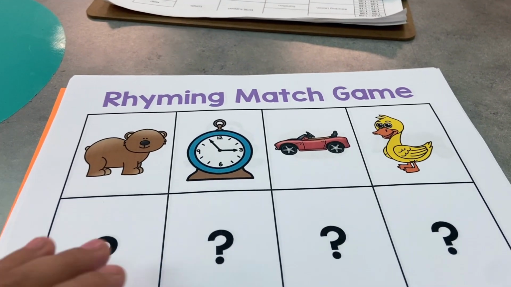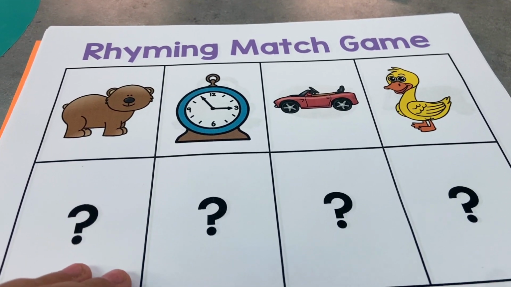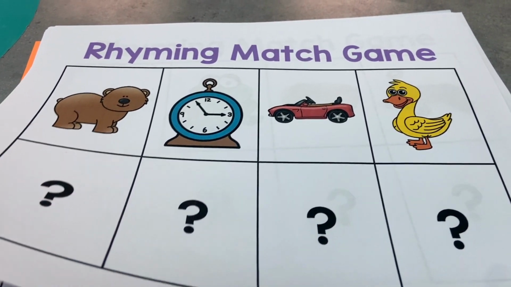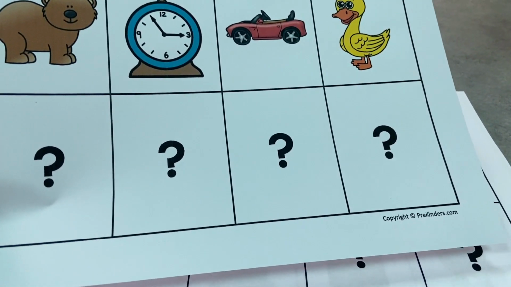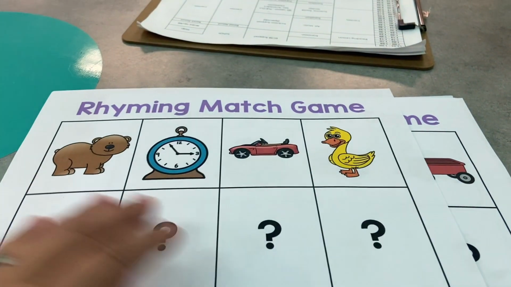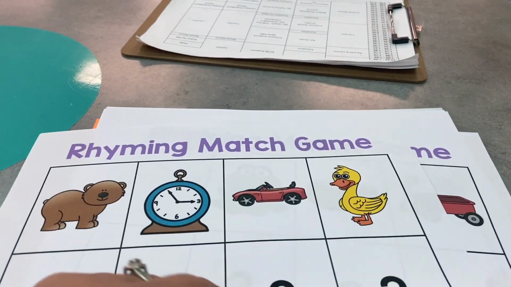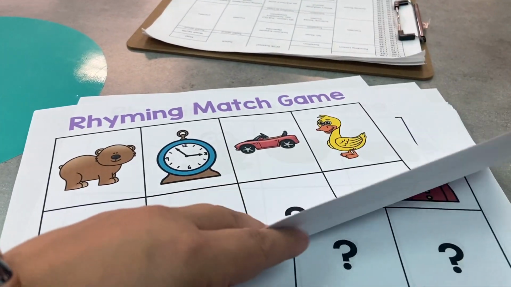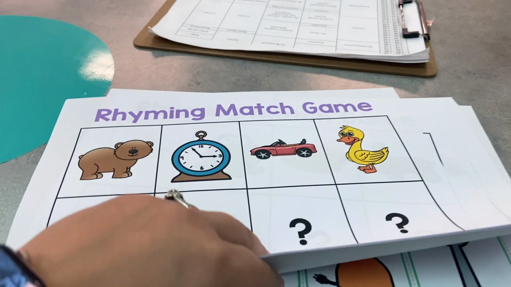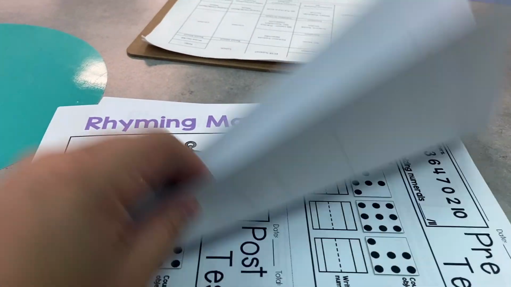And so we have been practicing rhyming. So I am going to cut this out, and we are going to put this on an anchor chart. And we are going to work on matching rhyming words. So I'm going to cut this stuff out and get it prepped for my anchor chart.